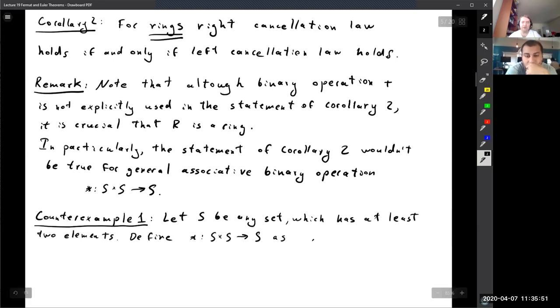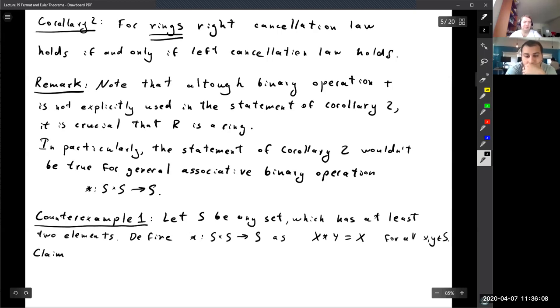If we take X star Y, we will just output the left argument, for all X, Y in S.